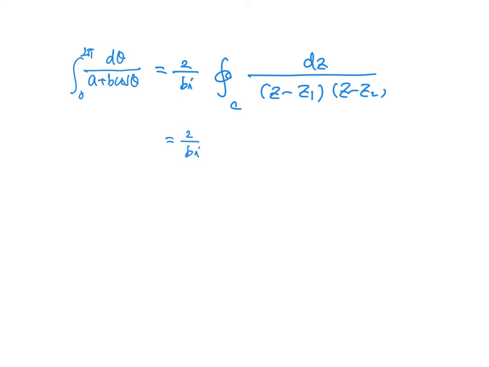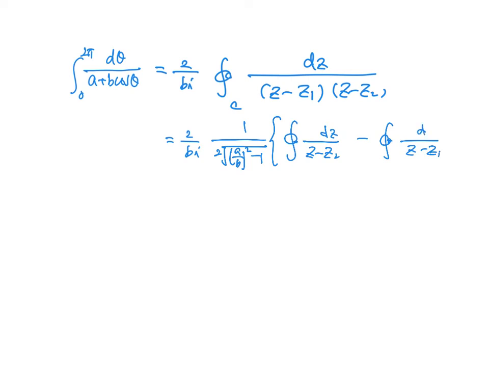And twice over minus 1. So now this is a unit circle, Z2.